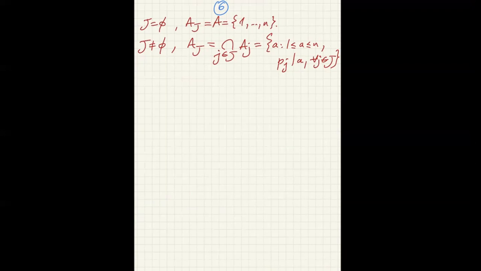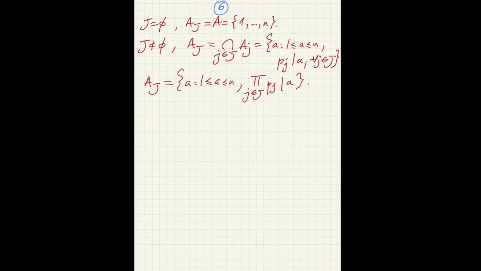So this set AJ can be written as all A between 1 and n with the property that the product over all j in J of Pj divides A.